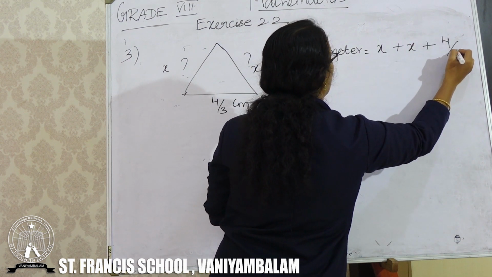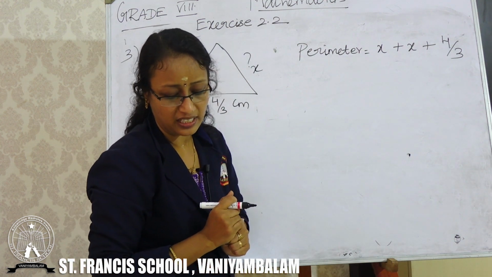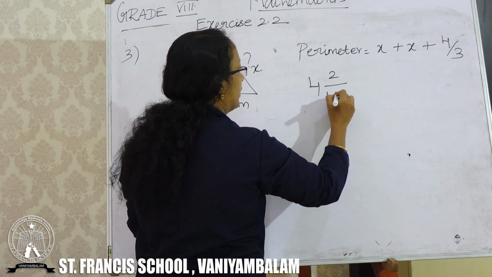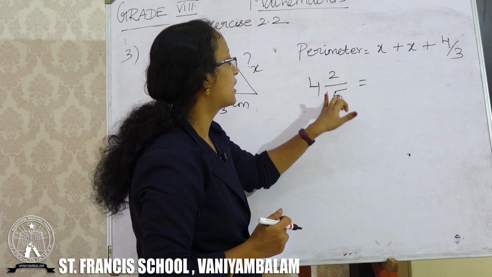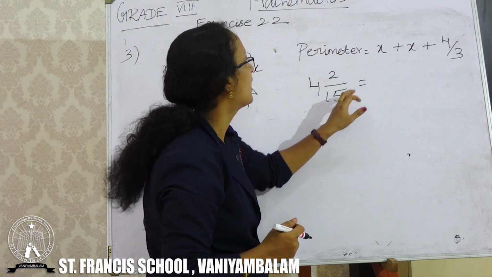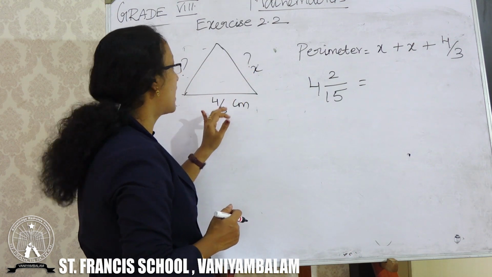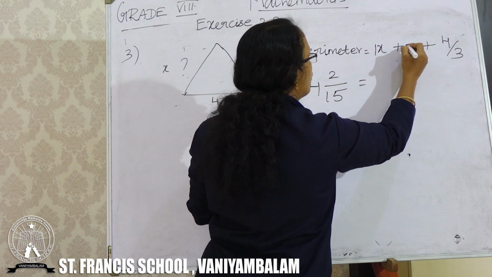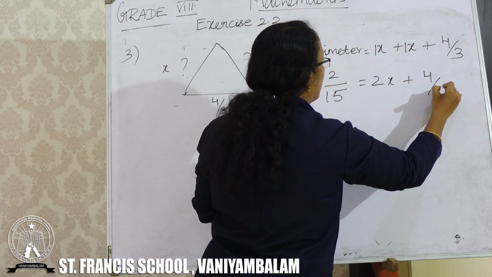4 by 3, and it is given here perimeter of the triangle is 4 2 by 15. Yes, it is given in the question perimeter of the triangle is 4 2 by 15 and 3 sides are there, x, x and 4 by 3. Two sides are x. So coefficient of x is 1. So 2x plus 4 by 3.